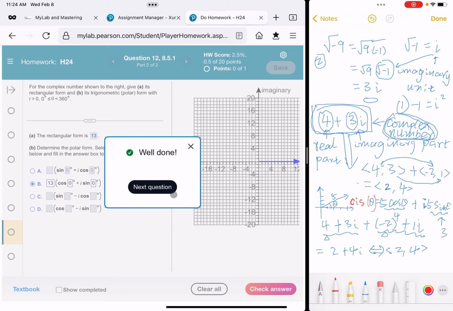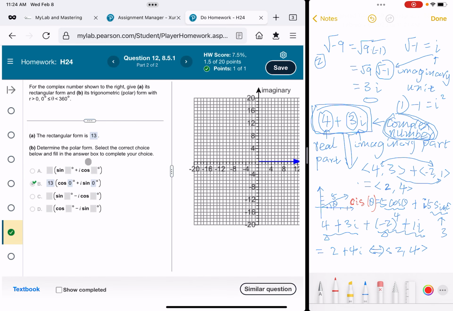Okay, great. You can then clear the window. If you did this question wrong, you want to click on similar question. Then, until you get full credit, you can move on to the next one.